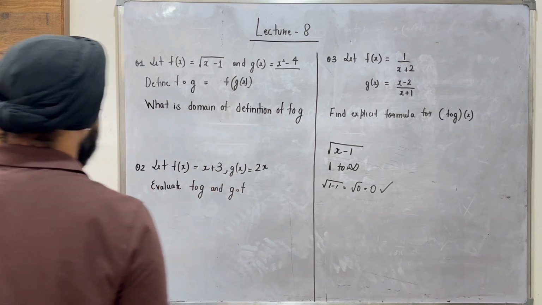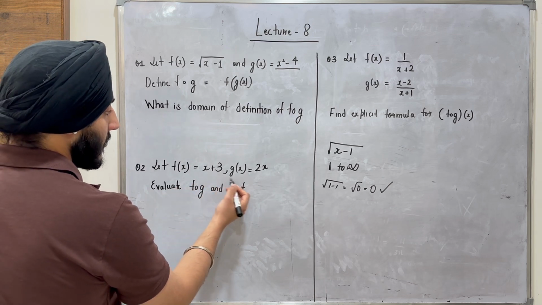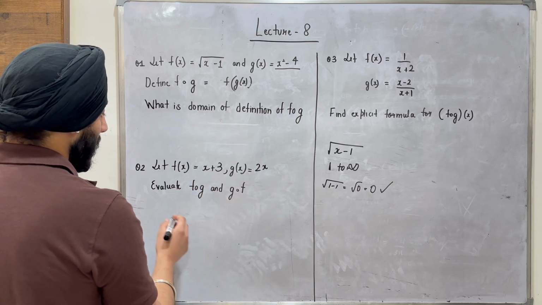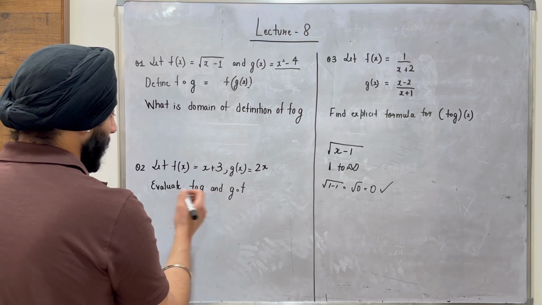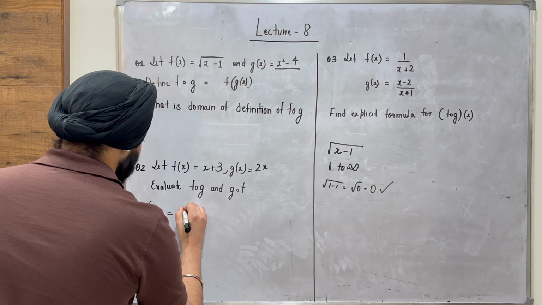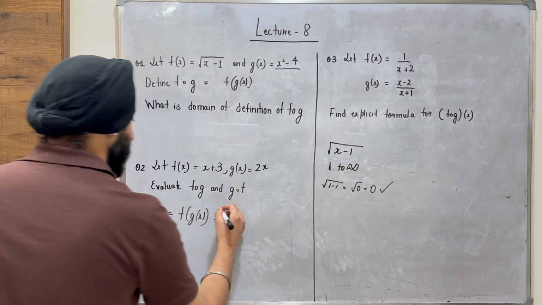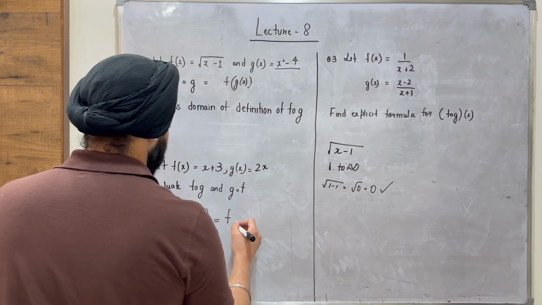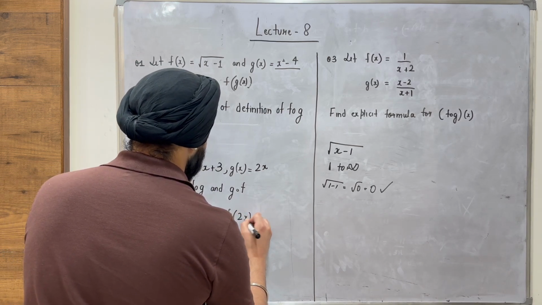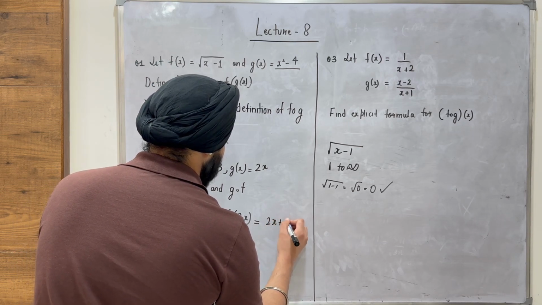let's try to solve question number 2. Given f of x is equal to x plus 3 and g of x equals 2x, evaluate FOG and GOF. So what is FOG? FOG is equal to f of g of x. So this is going to be f of 2x, which is going to be simply 2x plus 3.